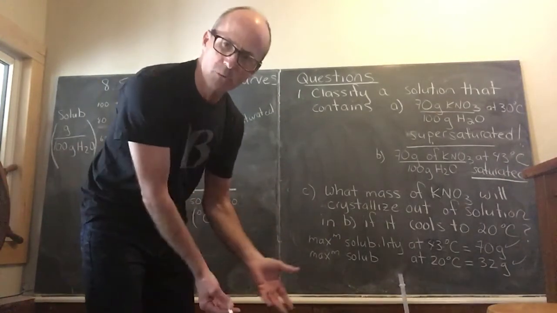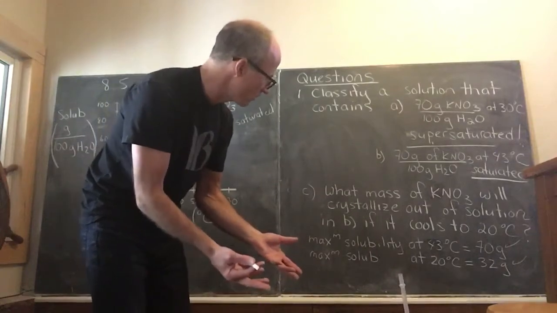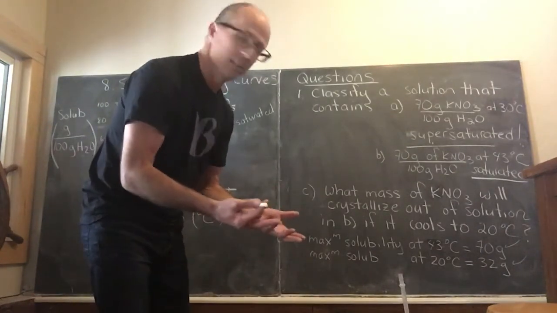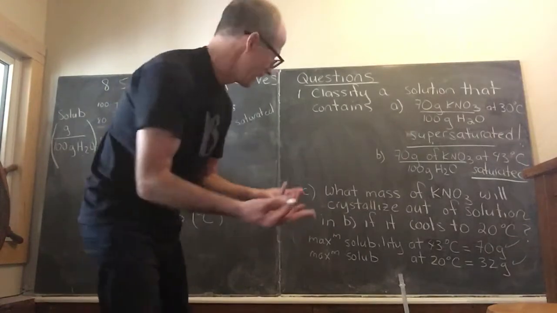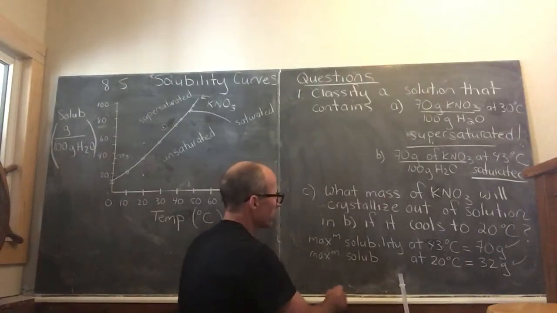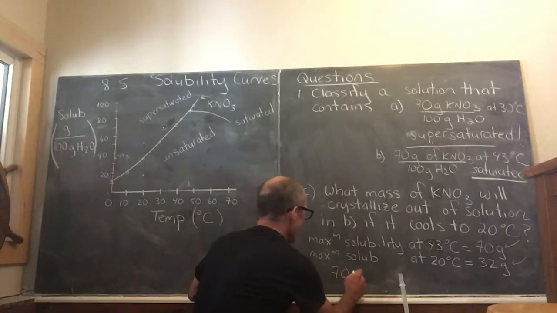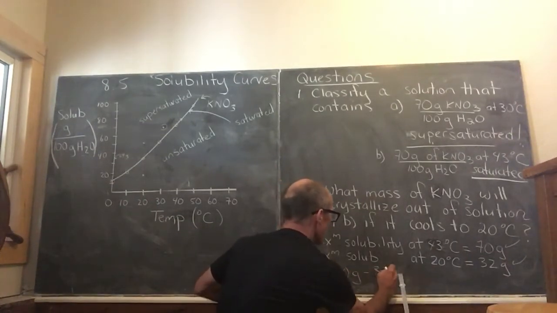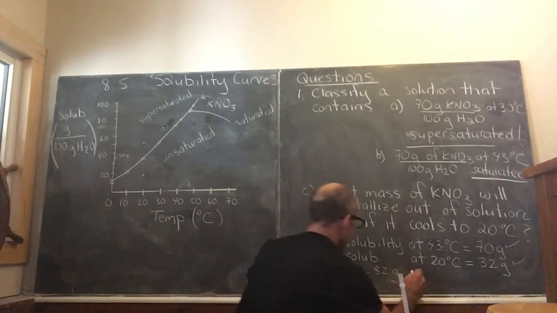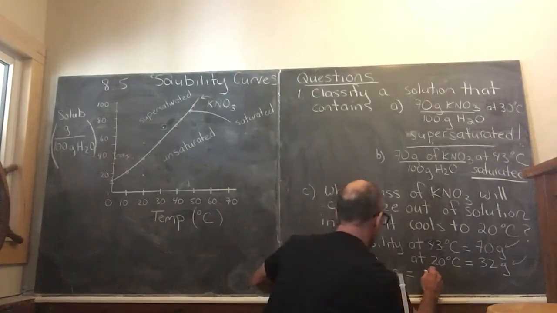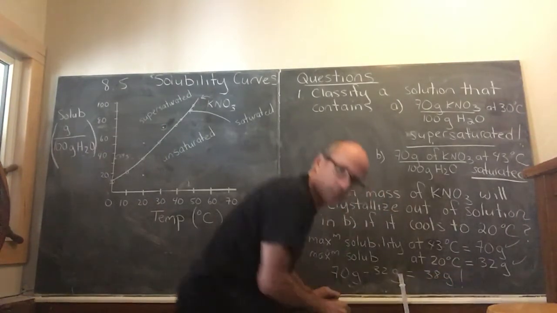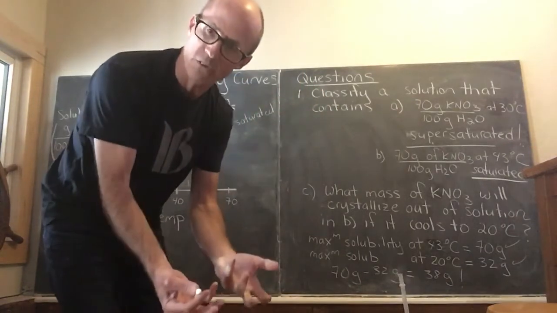And when we go down to room temperature, 20 degrees, we would only have 32 left. So the answer is very easy to get. The amount that we would expect to come out of solution would simply be 70 grams minus the 32, which remain dissolved at 20 degrees. And of course, that would be 38 grams of potassium nitrate that would crystallize out of solution.